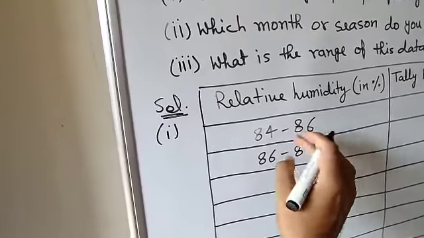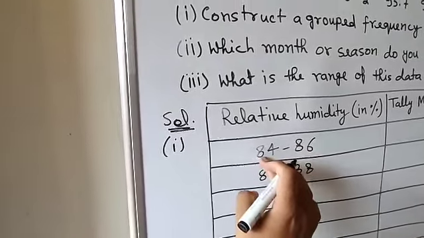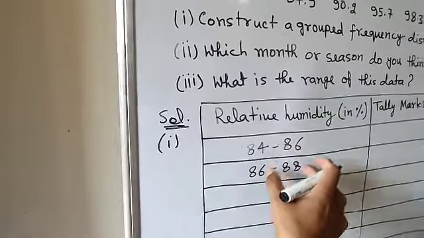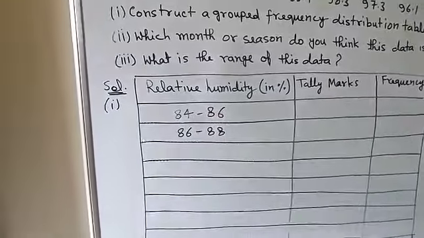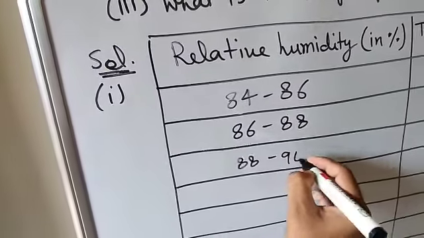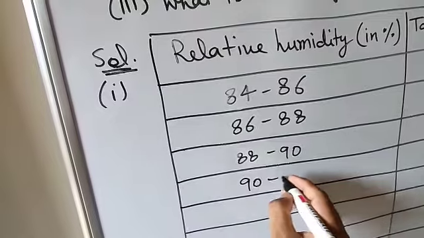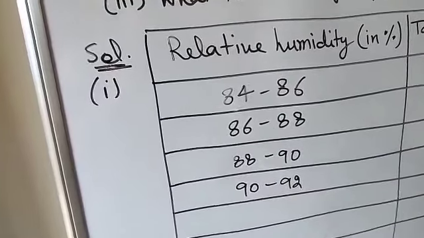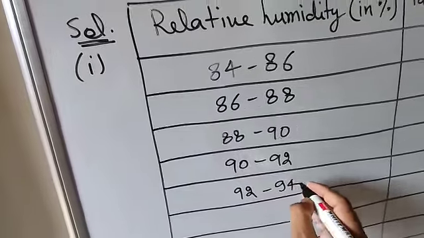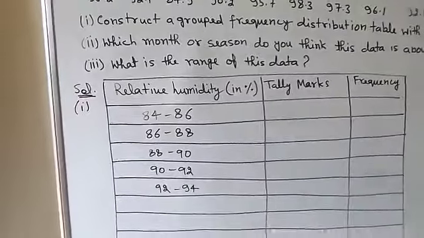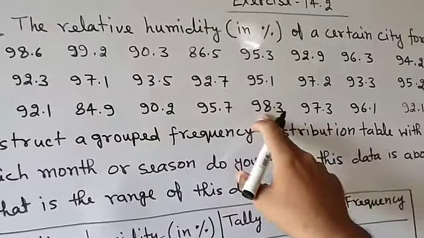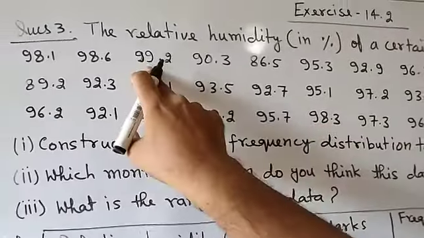The gap should be the same: 86 minus 84 is 2, 88 minus 86 is 2, so the class size should be the same. Next will be 88 to 90, 90 to 92, then 92 to 94. You need to find up to where you will write, so find the highest value, and I think the highest value here is 99.2.